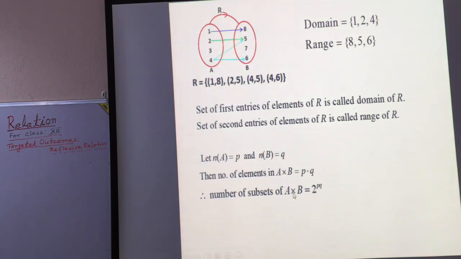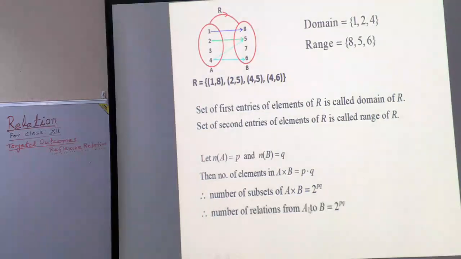Here, A cross B has pq elements. So, the number of subsets of A cross B will be 2 to the power pq. Therefore, since every subset of A cross B is a relation from A to B, the number of relations from A to B is 2 to the power pq.